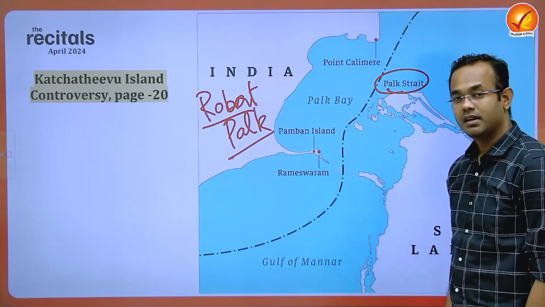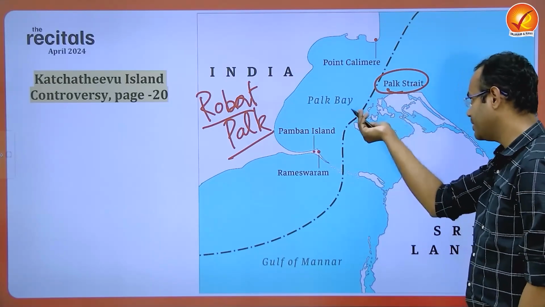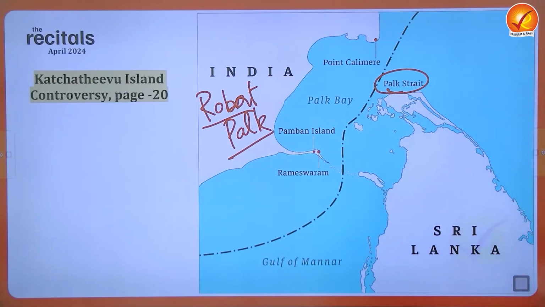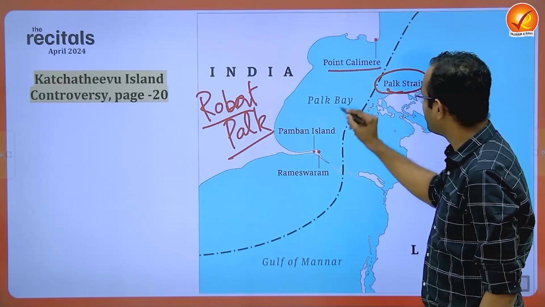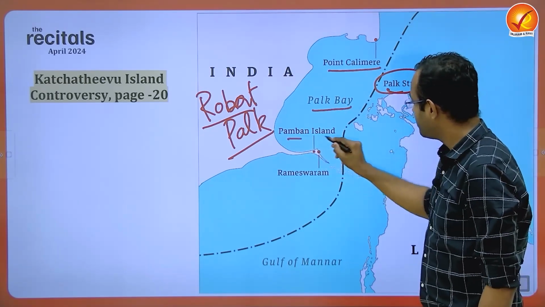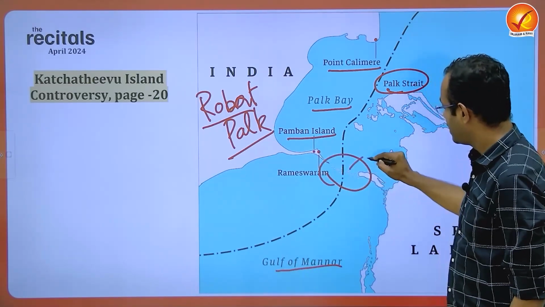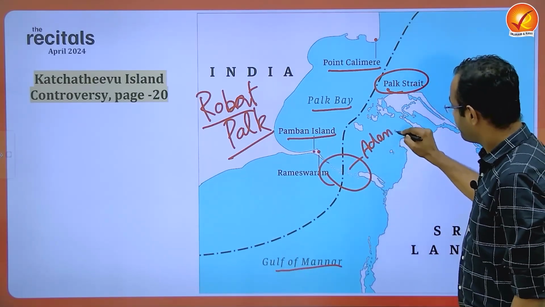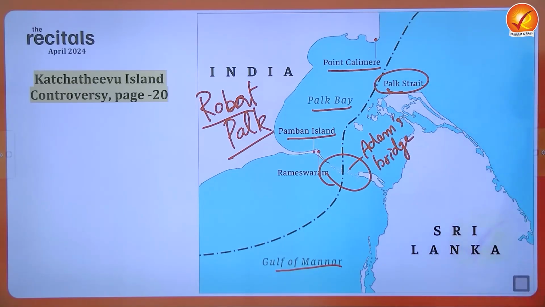The region is named after him. In this particular region of Palk Bay and Palk Strait, we have Point Calimere, Pamban Island, Gulf of Mannar, and Adams Bridge. All these locations we have.